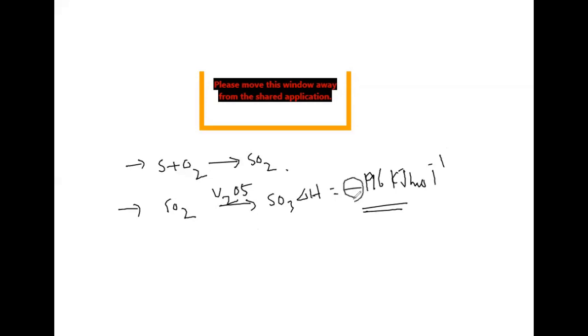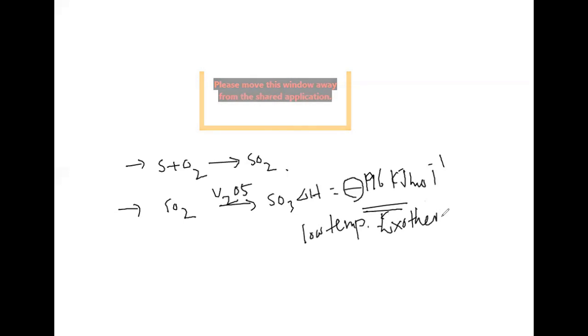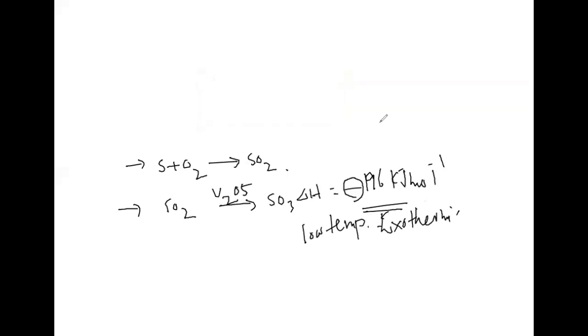This delta H value is negative, meaning the reaction is favored at low temperature. Generally, exothermic reactions happen at low temperature. I explained that the solubility of gases in liquids also follows an exothermic process.